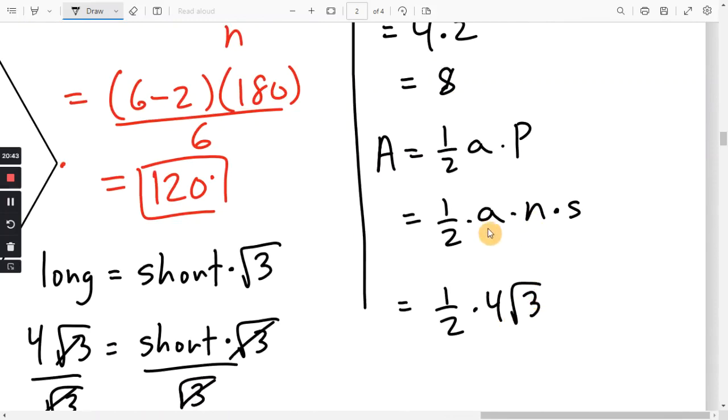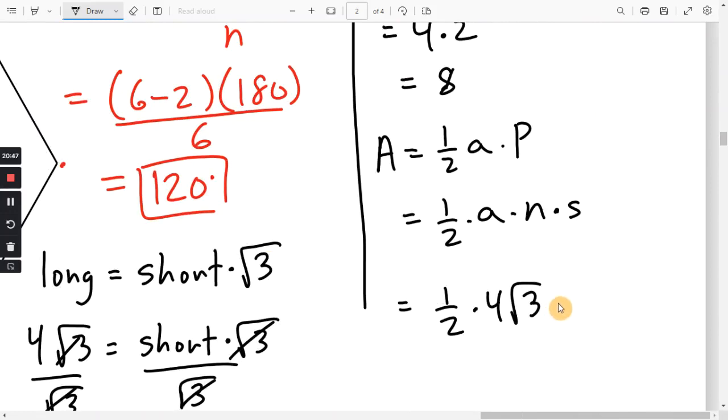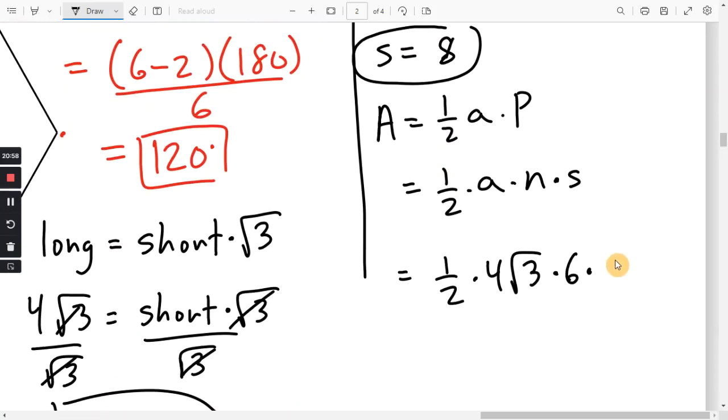N is the number of sides, which we said was 6. We counted that earlier. S is each side length, and we said that was 8, each side length. So that's times 8, and now we can simplify.